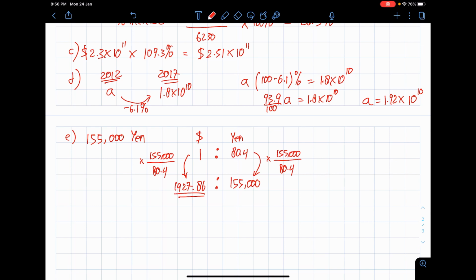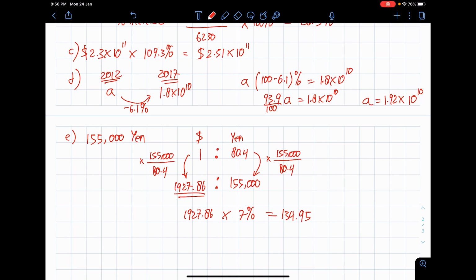So this is the amount that you need to get 7% out of. Take this amount, multiply it by 7% for the GST, and that will be 134.95. That should be the GST tax that she actually has to pay when she returns to Singapore.